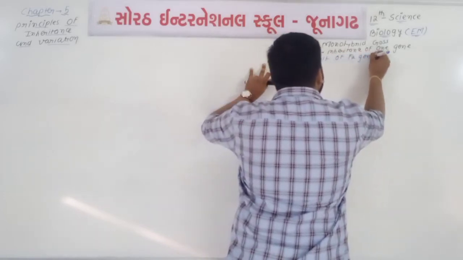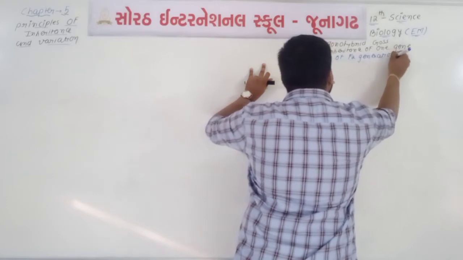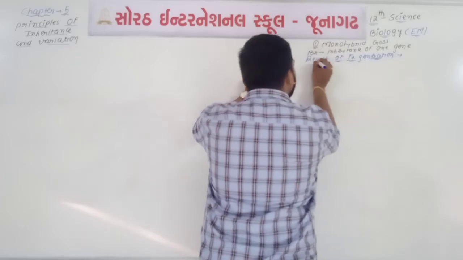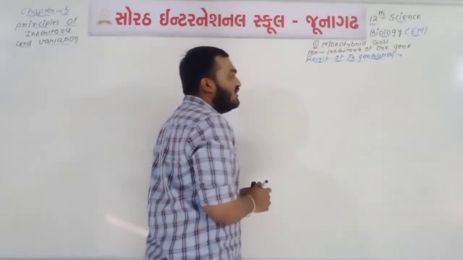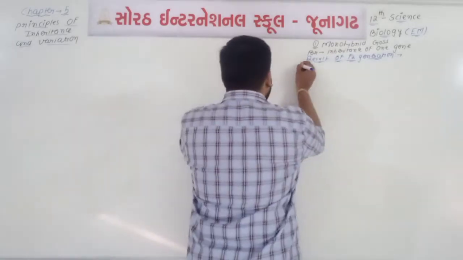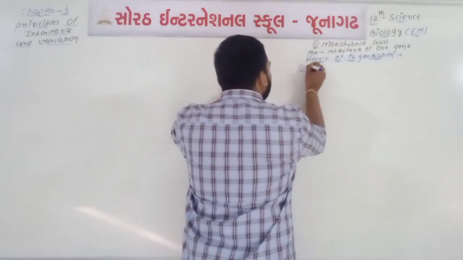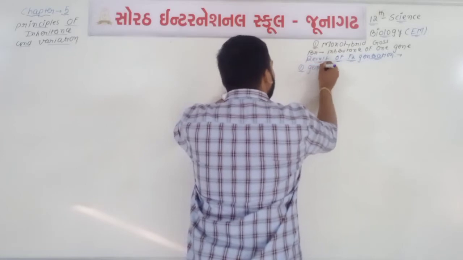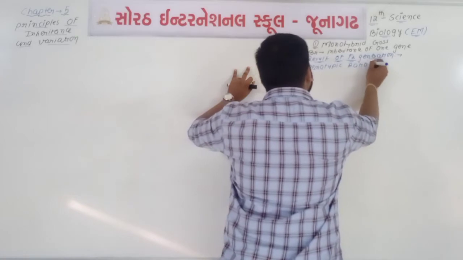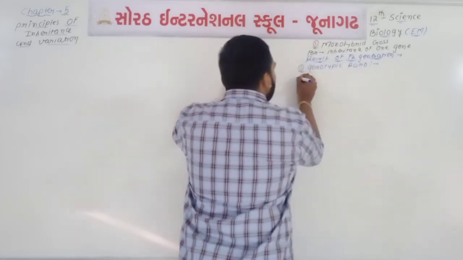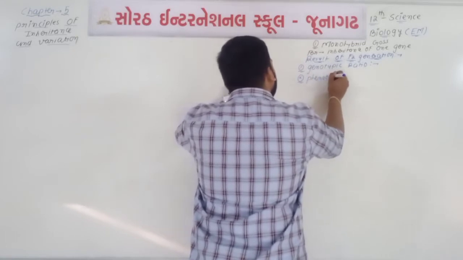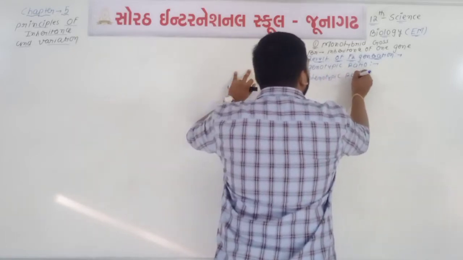If we talk about the result of the F2 generation for the monohybrid cross, two types of results are there. The first one is the genotypic ratio, and the second one is the phenotypic ratio.